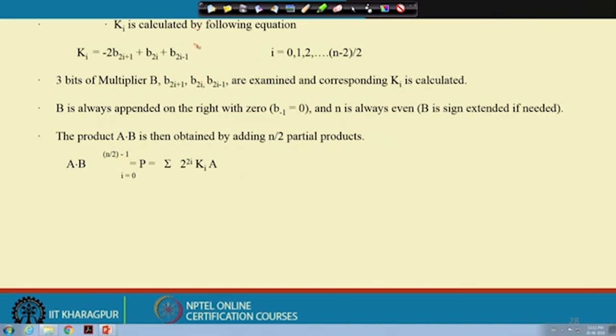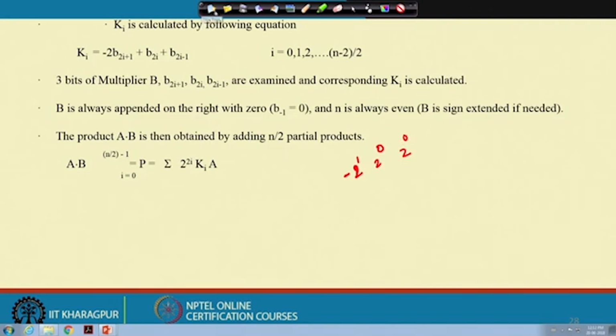So, how has it been recoded? The recoding technique is done based on this particular equation, where the positions are 2 to the power 1, then 2 to the power 0, and then again 2 to the power 0.